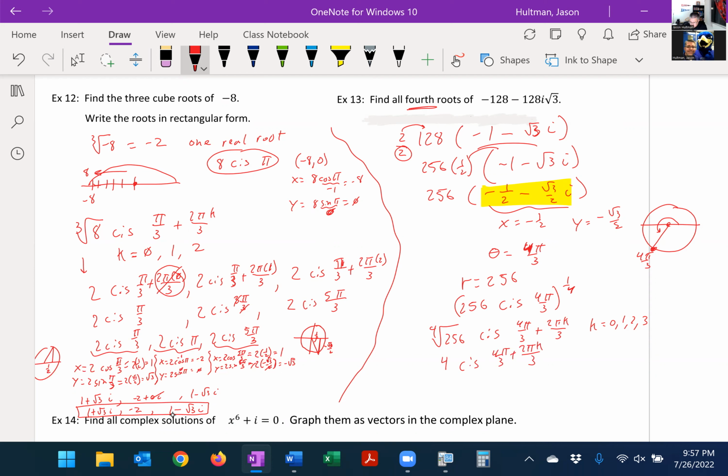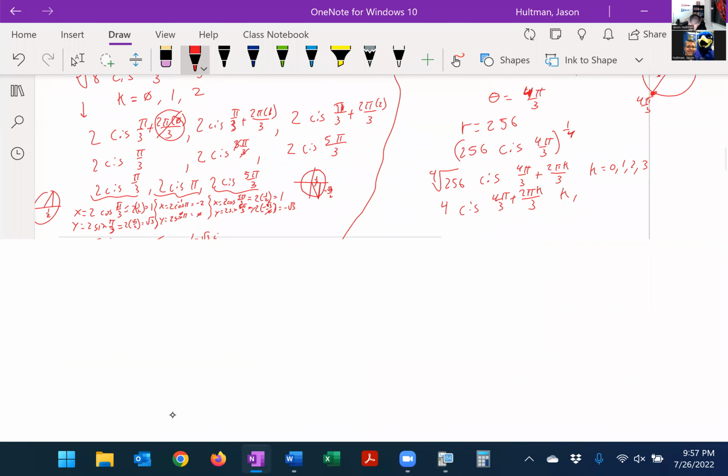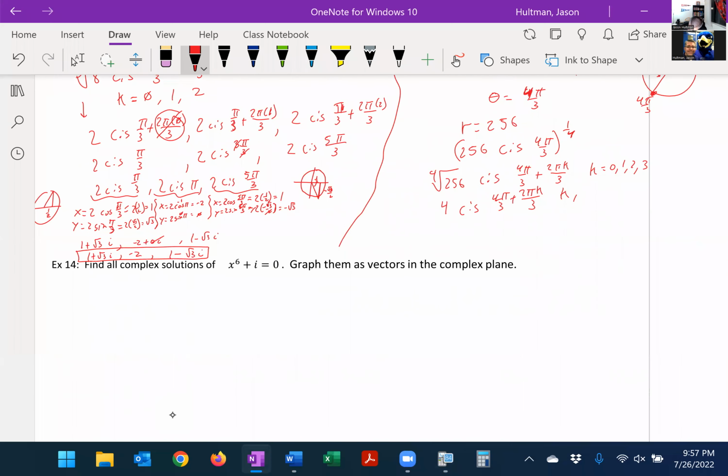Now, they didn't ask me to put it in rectangular form, so I'm just going to leave it in trigonometric form, which will save me some work. But I do need to get each value here for k equals 0, 1, 2, and 3. Now, it's just working with fractions, basically. I'm just adding 2 pi on the numerator each time. So if I let k be 0, I just get 4 pi over 3. So this is 4 cis 4 pi over 3.